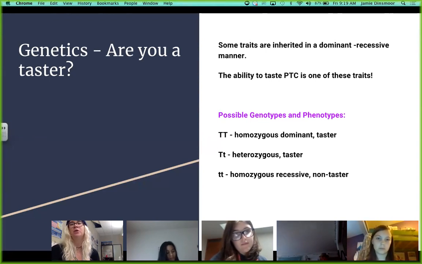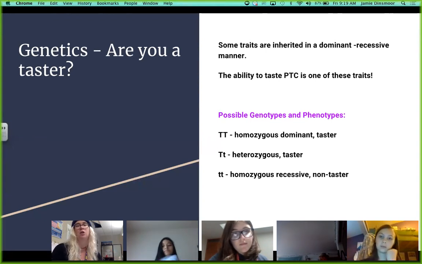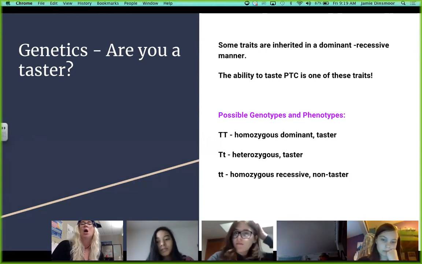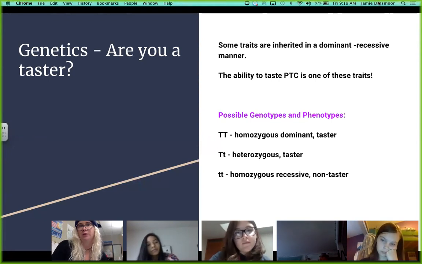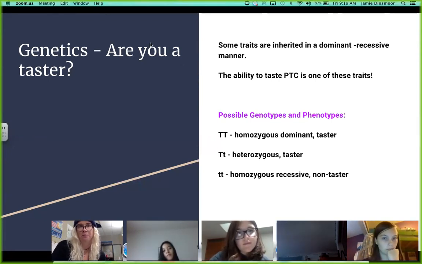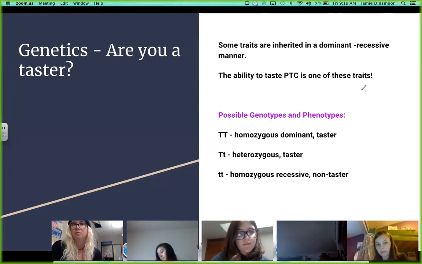Now I use T arbitrarily, to represent taster. We could have used any different combination of symbols here as long as the capital was representing dominant and the lowercase was representing recessive. So if we were to do a Punnett square for this, because I know some of us have done Punnett squares before, where we would actually make our boxes.